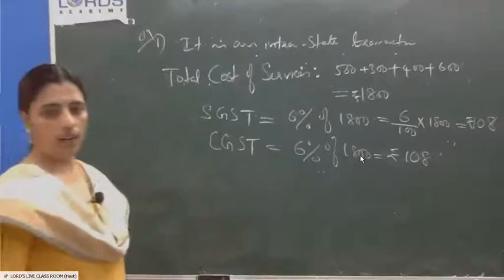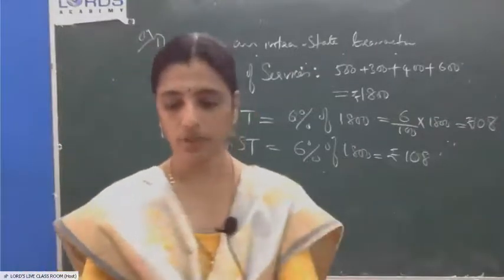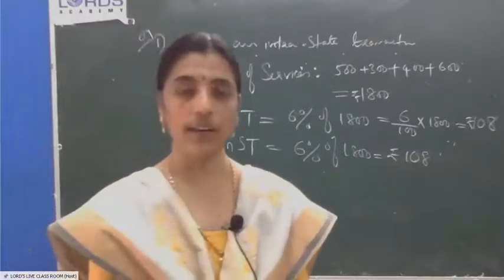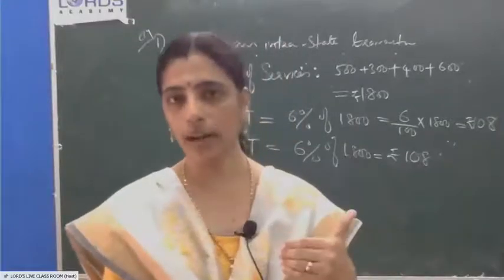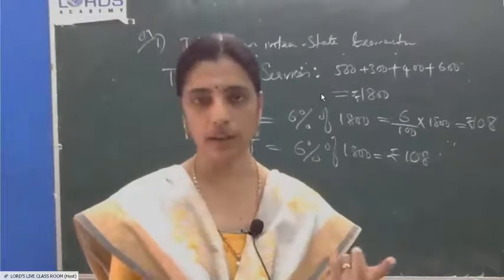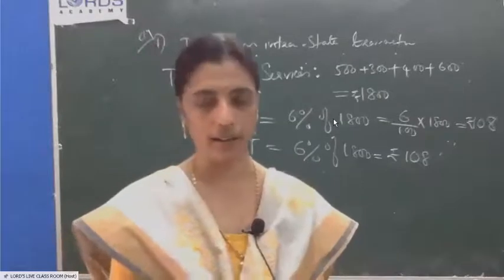Therefore, total. What they are asking, sometimes it's not total, what they are asking: find the amount of GST on this service. See, they are asking only the amount of GST, only tax they need. No need to add with the cost price. Okay, read the question here. They are asking what amount we have to pay in terms of tax.